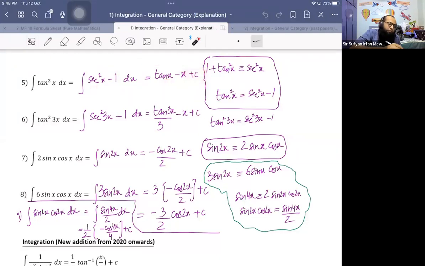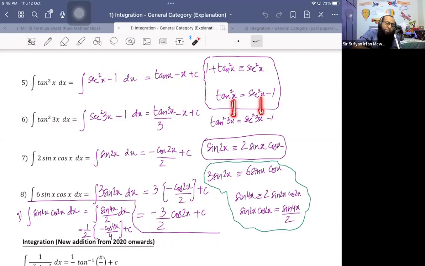Now, similarly, if it's tan square 3x or tan square 100x or tan square 1000x, doesn't matter. If in place of x we are taking 3x, then over here as well we'll take 3x. The identity is not being multiplied by 3; the angles are being multiplied by 3.